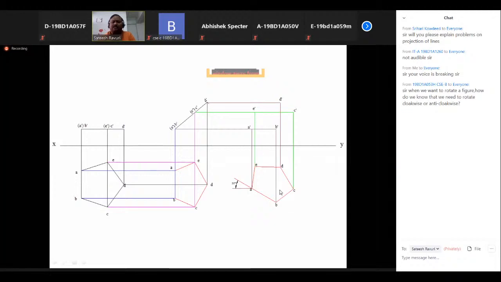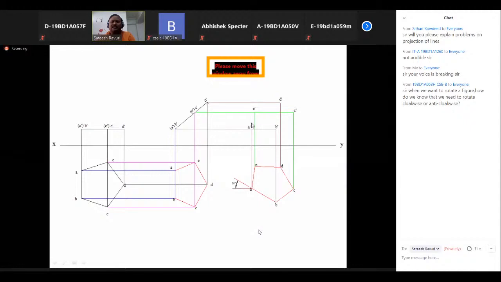My suggestion is always draw the projectors from one particular corner, because if you draw all the vertical lines and later all horizontal lines, you will get confused for sure. A vertical, A horizontal, B vertical, B horizontal, something like that.